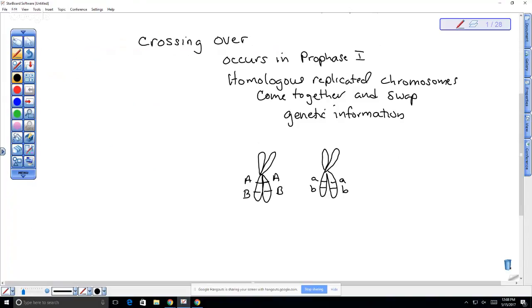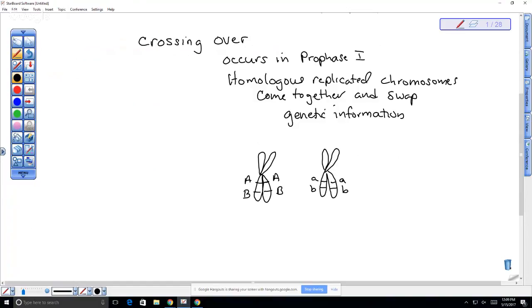Okay. And so notice that if these behaved without crossing over, if they separated out, then capital A and capital B would always be bound together. So there's no way that a person would inherit a chromosome with a big A and a little b, or a little a and a big B, okay?